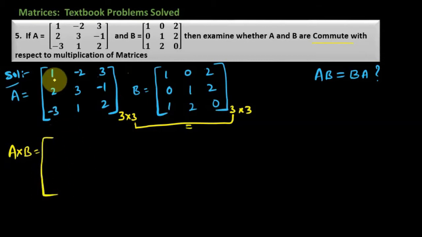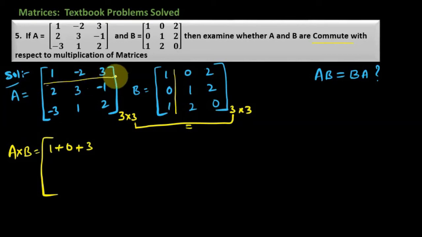It's very simple. First you fix the first row of the first matrix and multiply with each column of the second matrix. See here, first 1 into 1 is 1, then plus 2 into 0 is 0, plus 0, then 3 into 1 is plus 3. Similarly, how to get this second element?